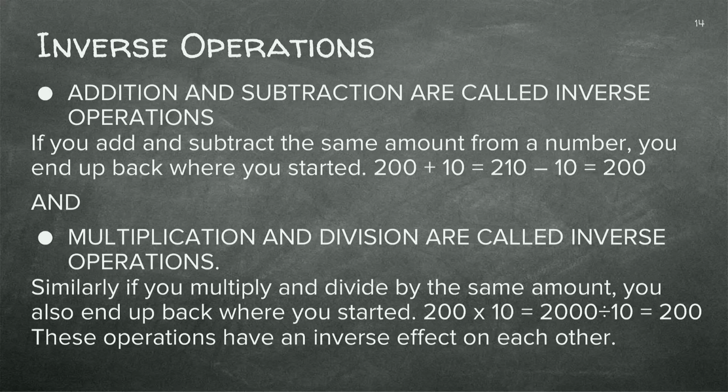In other words, if you add and subtract the same amount from a number, you end up back where you started. Say, for example, 200 plus 10 is 210. Minus 10 is back to 200. So that is inverse. And remember, we use that with our multiplications and with our additions and subtractions to check our answer.